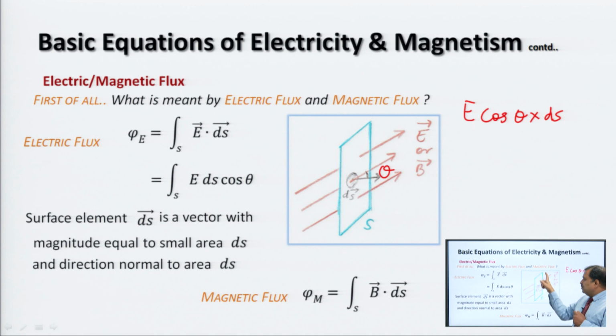Now, if we want to know the total electric flux passing through the whole surface S, then we will integrate this over the whole surface S. So, this integral is a surface integral.